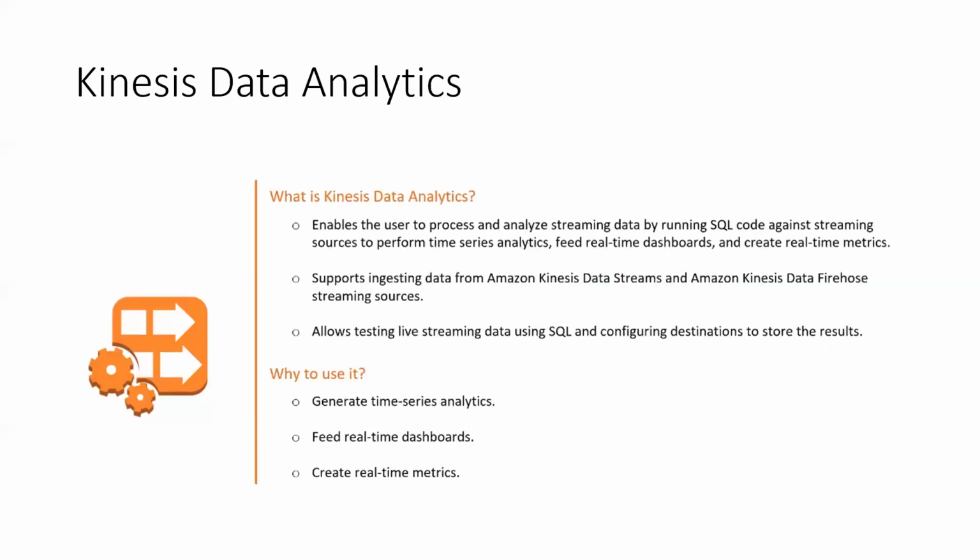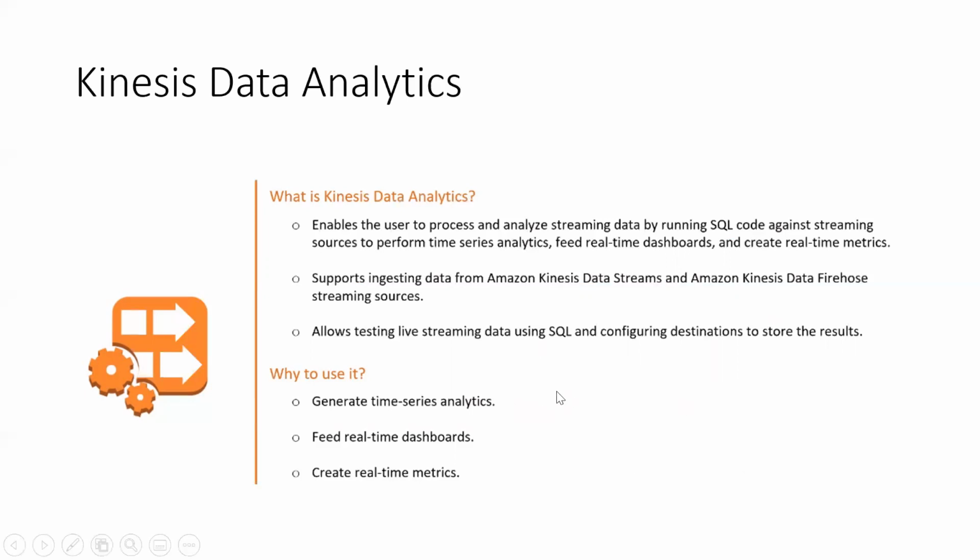You can store the data from the data streams and Kinesis data Firehose. Once you have collected and processed or transformed the data, you can process it further for data analytics. It supports SQL code, so you have to write the SQL code for that.